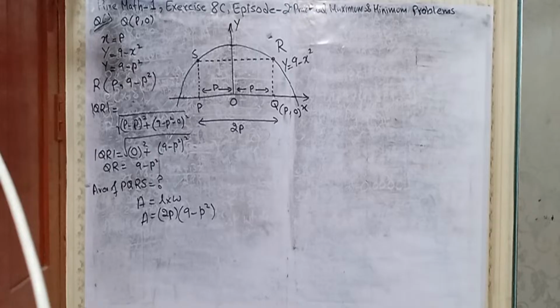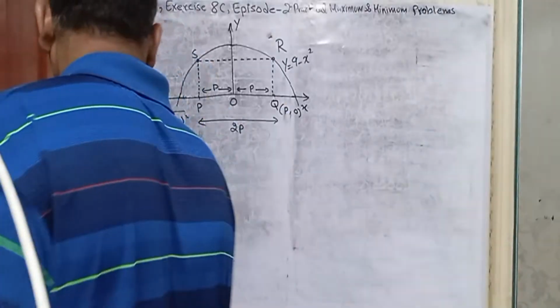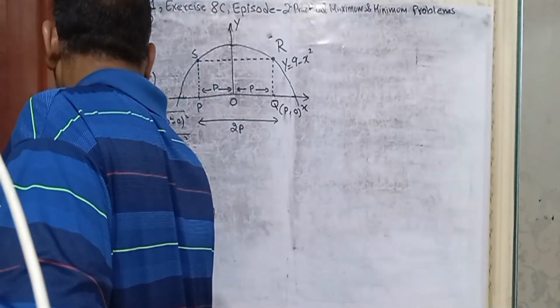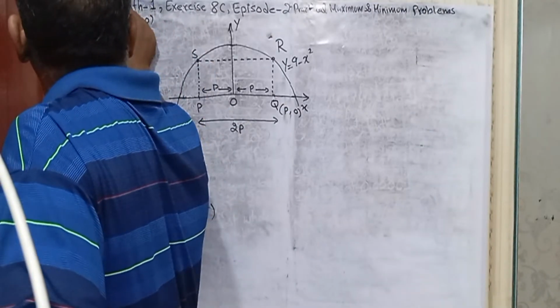Then we have the C part. Find the value of p for which A has a stationary value. So first of all, we have to differentiate. This is the C part now, this was the B part, and this was the A part.